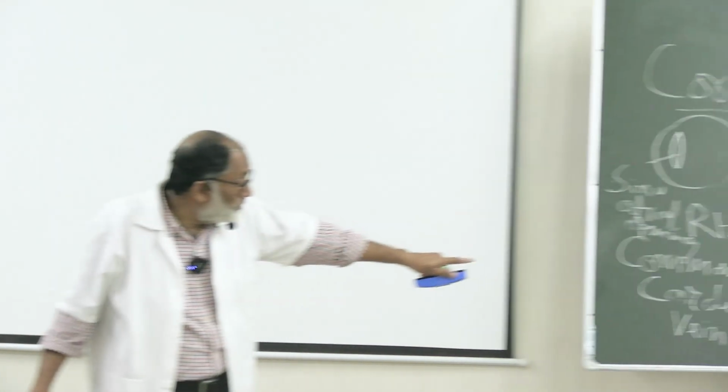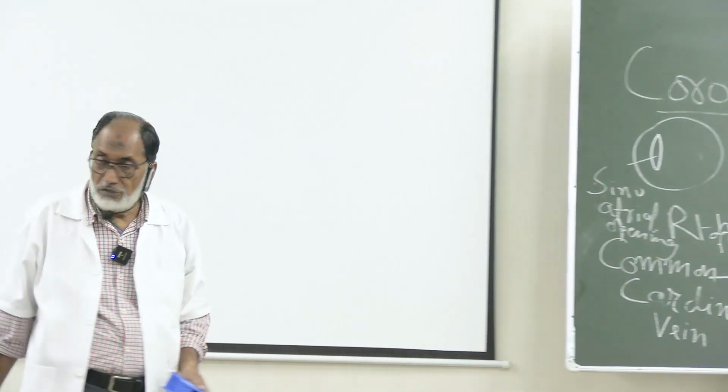But on the left side, only the suprahepatic part of the umbilical vein has disappeared. It is the infrahepatic part that will form the ligamentum teres hepatis. It persists till birth. After birth, it becomes degenerated. But here, from the very beginning, the right umbilical vein disappears.